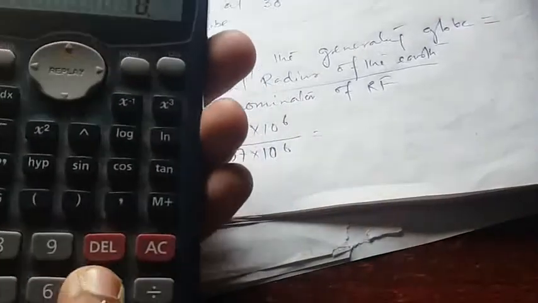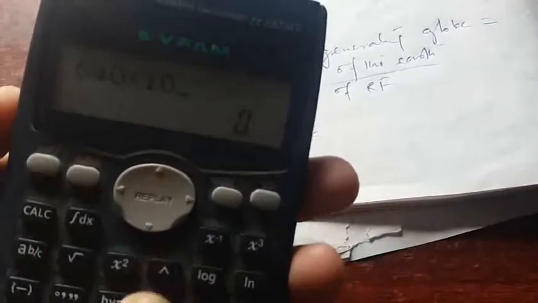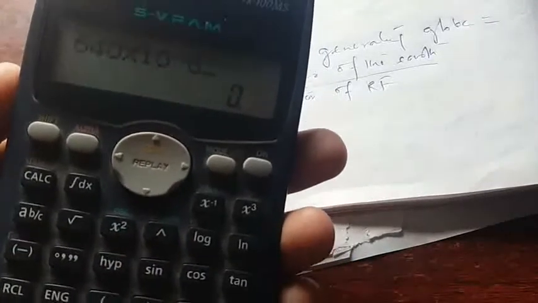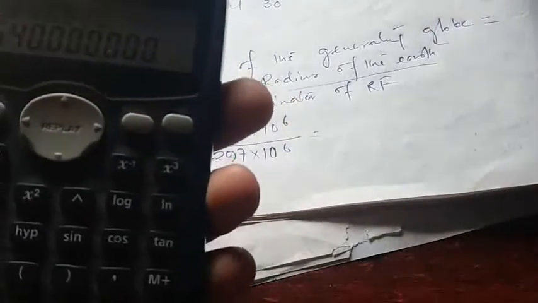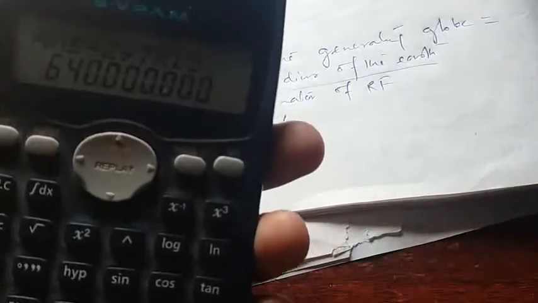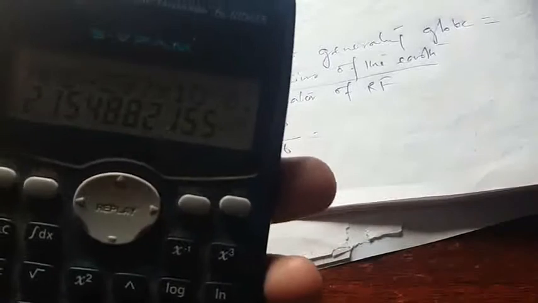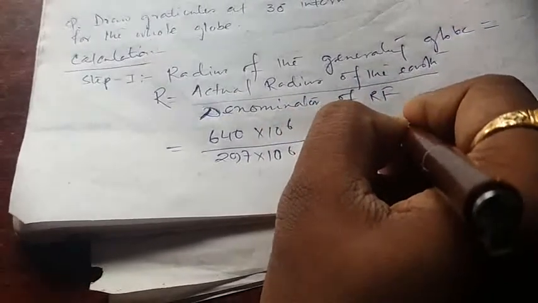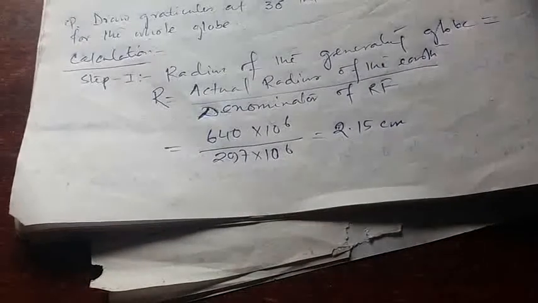Then 640 into 10, for power you use this sign and write here 6. Now divide it by 297, similarly into 10 to the power 6. We get 2.15488. So let's consider 2 digits after the decimal, 2.15. So here we get the radius of the generating globe. So this is the calculation of R or radius.